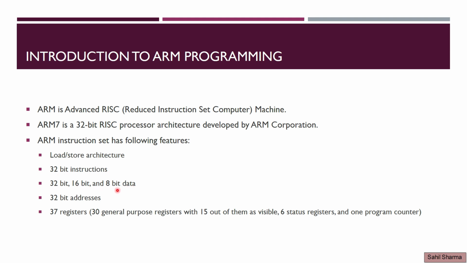For data, we have three options: 8-bit data, 16-bit data, and 32-bit data. There are 32-bit addresses. Total of 37 registers are there, out of which 30 are general purpose registers with 15 out of them visible to us. 6 out of 37 are status registers, and 1 we have the program counter.